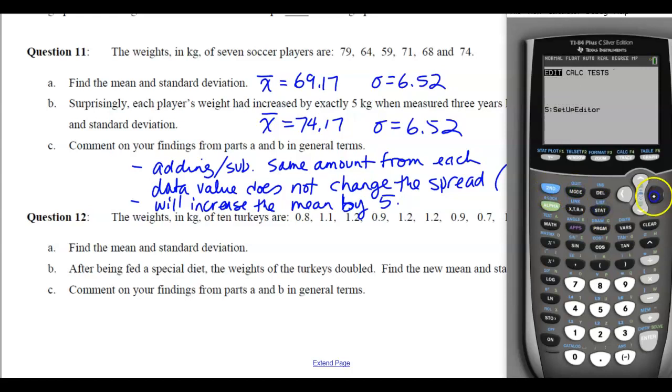Okay, so stat, calc, one variable stats on L1. The mean is 1.01 and standard deviation 0.17.